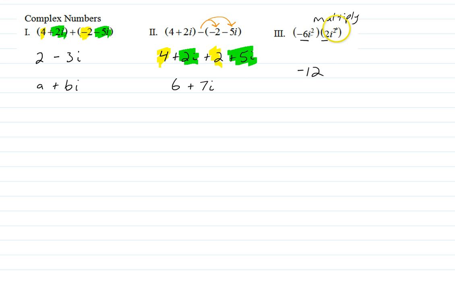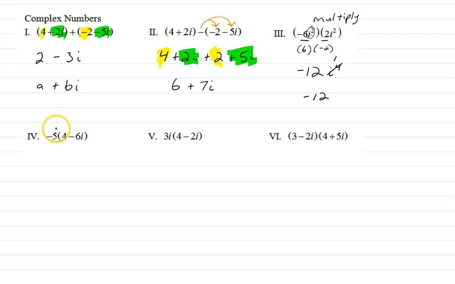And then I squared times I squared is I to the fourth, and what we just talked about before, when it's divisible by 4, I to the fourth is just 1, so negative 12 times 1 is negative 12. Another thing you could have done here is, if you remember that I squared is negative 1, so that would have turned that into a positive 6. Here, I squared is negative 1, so that would have turned that into a negative 2, and so 6 times negative 2 still gives us that negative 12.